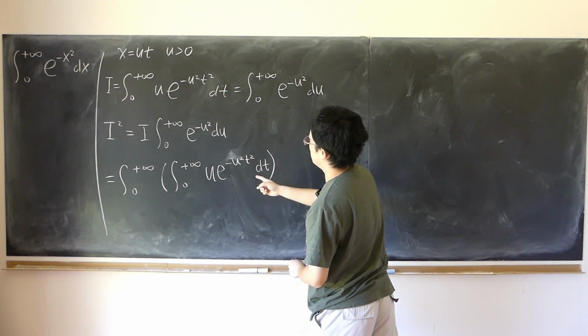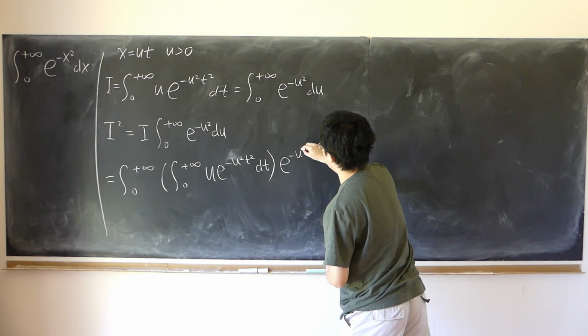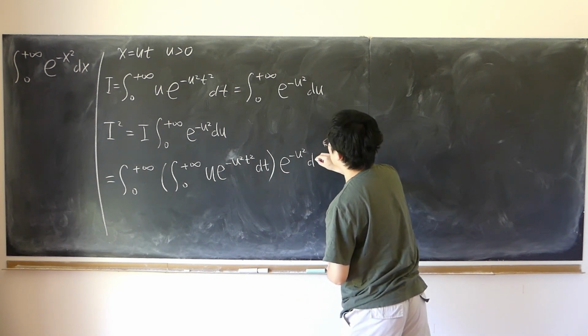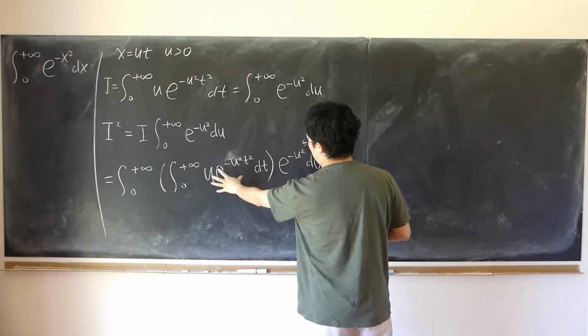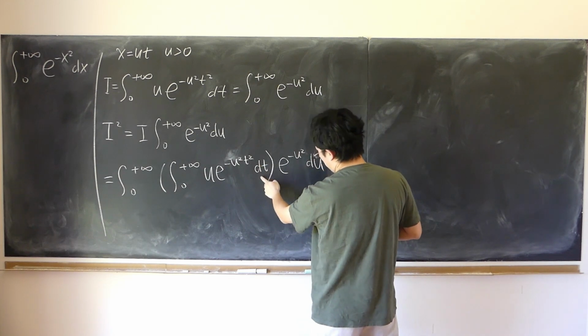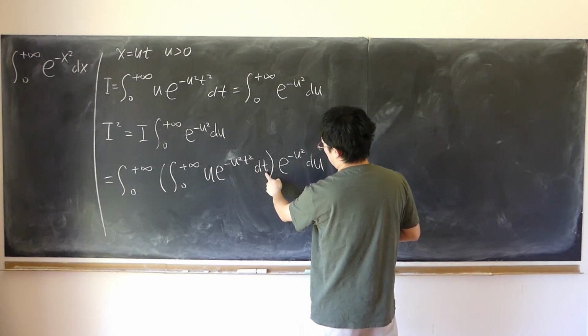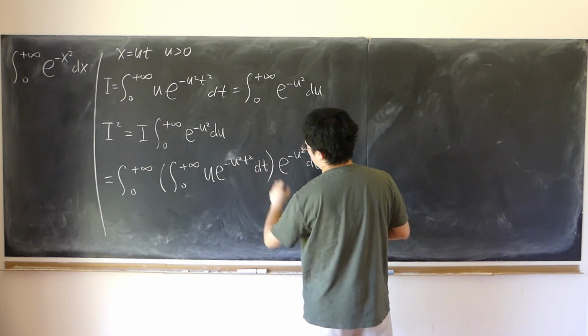This is a constant times this part, e to the negative u squared, then du. And we can just multiply this part inside this integral, because this integral is with respect to t. So it has nothing to do with u. Just treat u as a constant. Put this inside this integral.